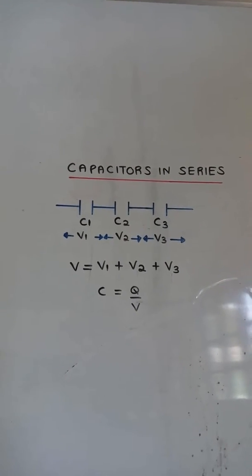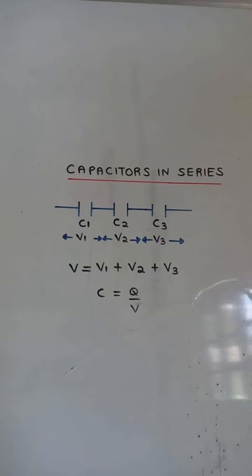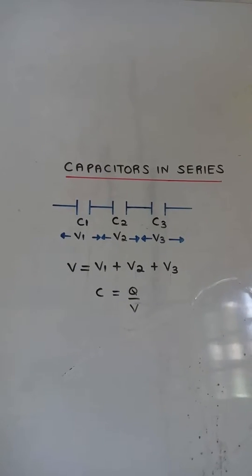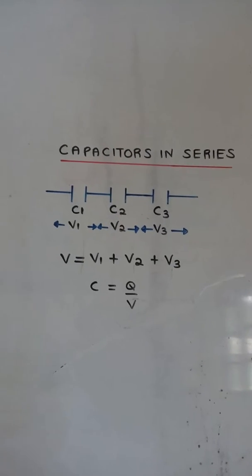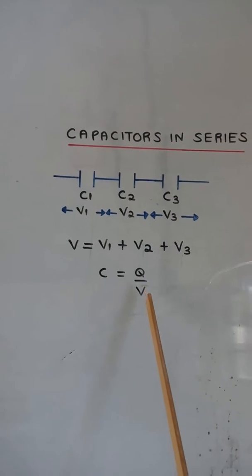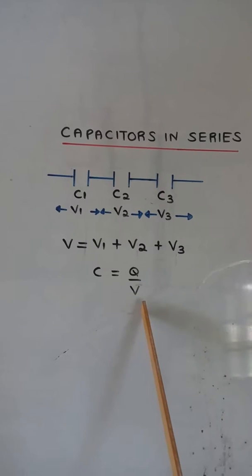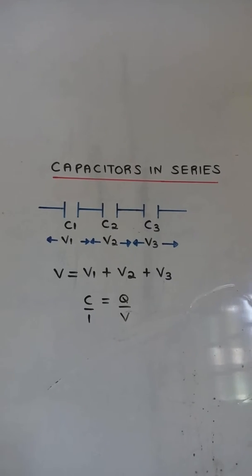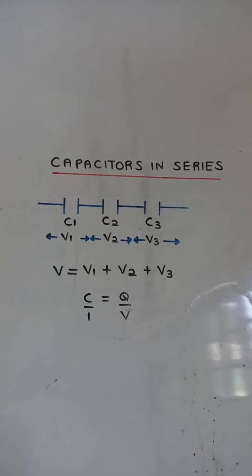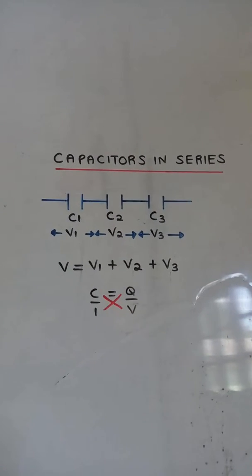But capacitance is equal to amount of charge over potential difference. We have to make potential difference the subject of the formula. Capacitance is over 1. Cross multiplication.